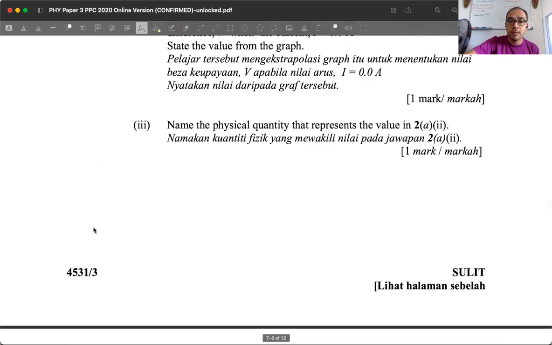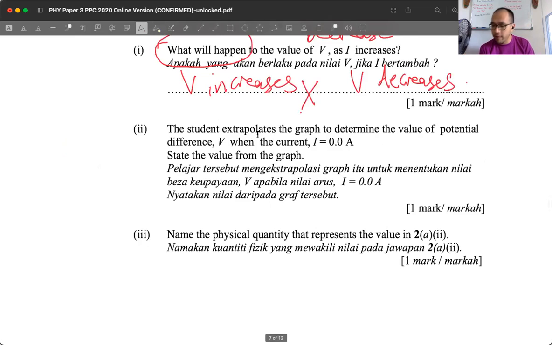So the answer for this, nyatakan nilai, state the value from the graph. I will accept 1 or 1.0 volt. Up to you lah, doesn't matter. No unit, wrong. If you write 1 volt, I will accept. If you didn't write 1.0, I can accept lah.